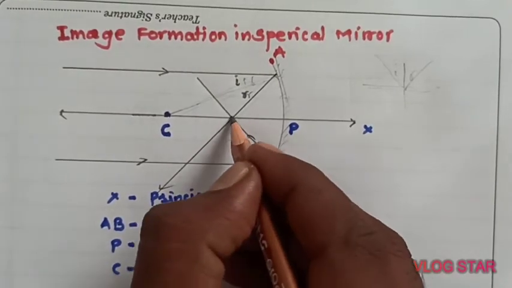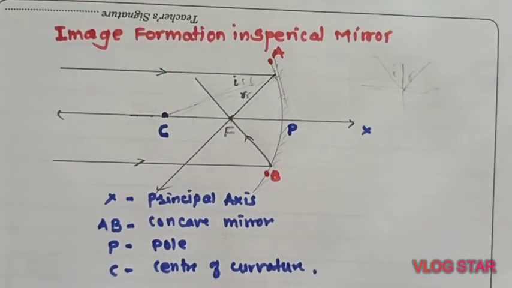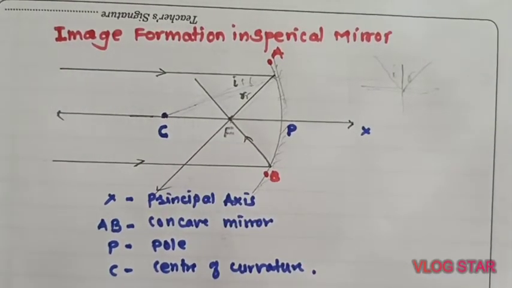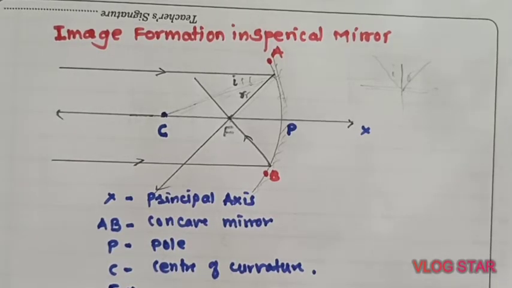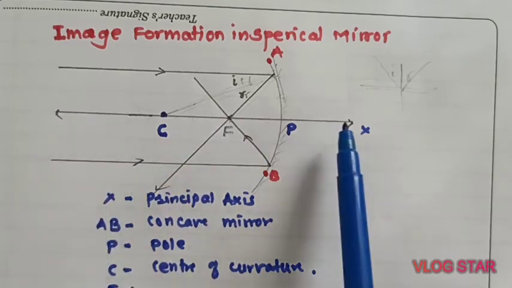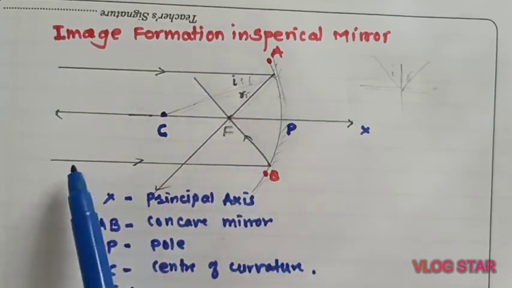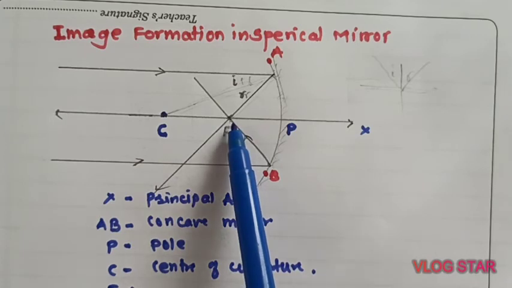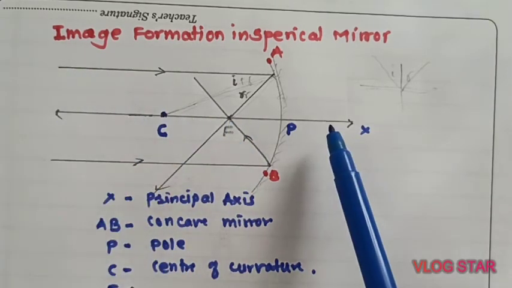What do we call that point? Focus, F. So we got a new term, focus. So how will you define focus? A point on the principal axis where all the reflected rays which are parallel to the principal axis meet together.